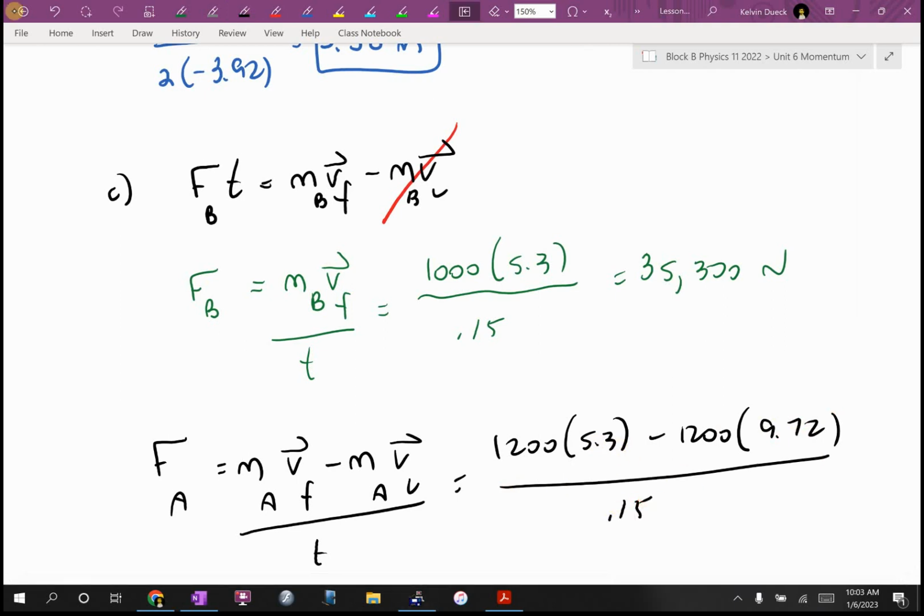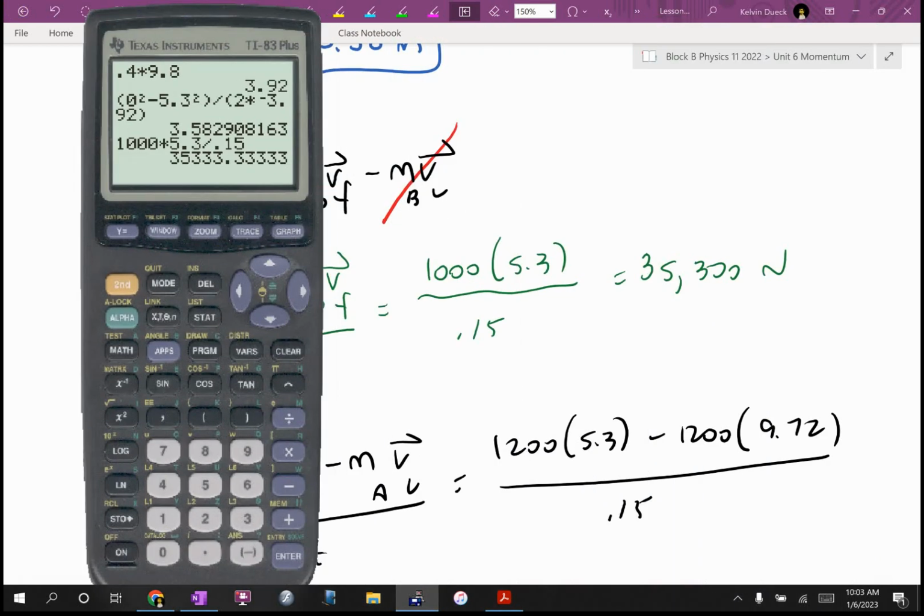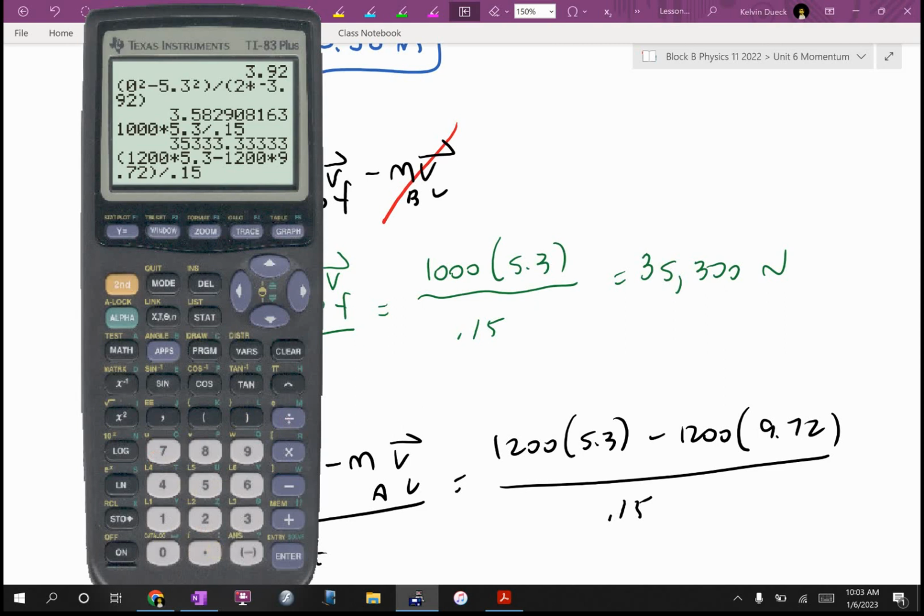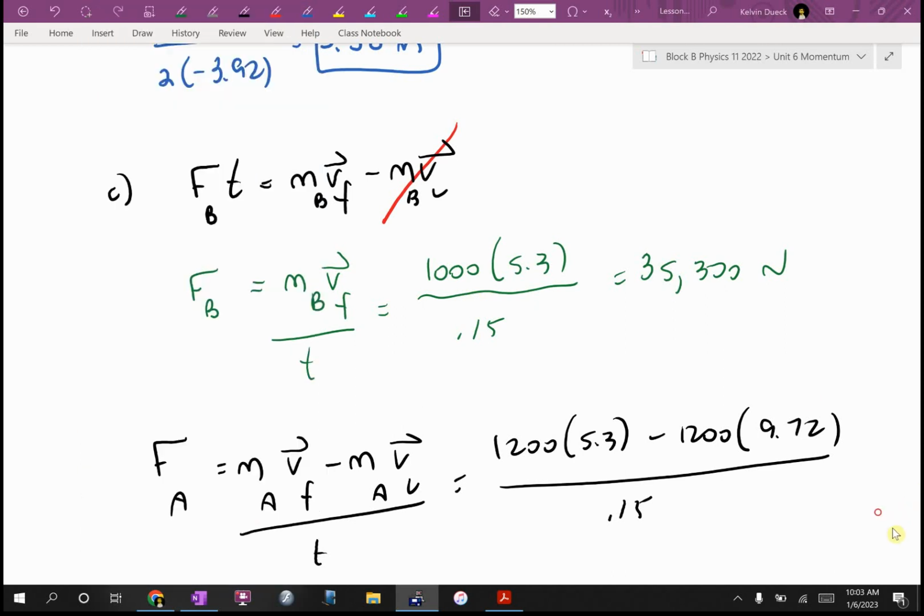If I type that in, I'm going to get a negative answer. The negative is telling me that the forces on A and B were in opposite directions. If I go 1,200 times 5.3 minus 1,200 times 9.72, close bracket, divided by 0.15, there you go: negative 35,360. We're off a little bit on the fourth sig fig because of rounding off and such.